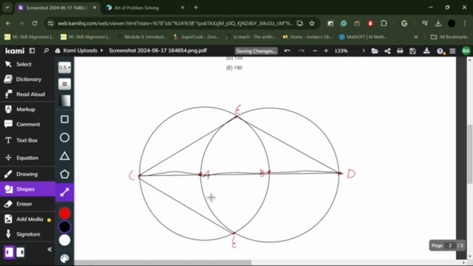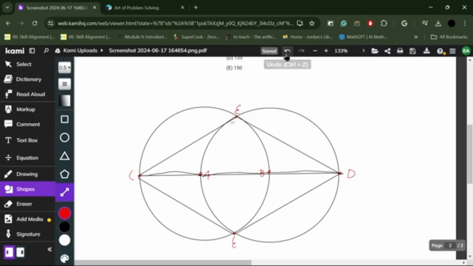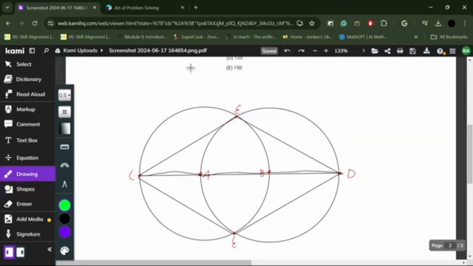By the way, there's so many different ways to solve this problem. This is just how I would solve it, okay? So, we need to find the value of this angle. Oh, sorry. I'm going to go back here. The value of this angle. Now, one way that we can do this is by making an equilateral triangle.